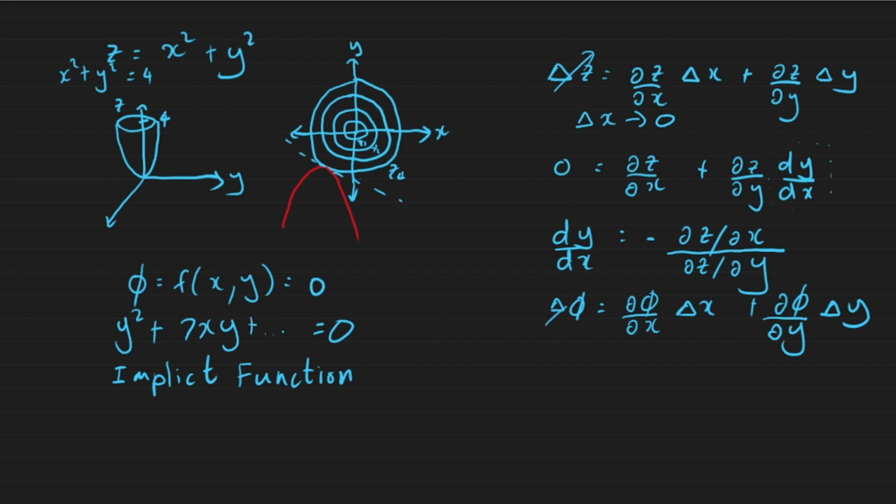The same equation repeats itself with respect to phi, so we would get dy dx is equal to minus del phi dx divided by del phi dy.